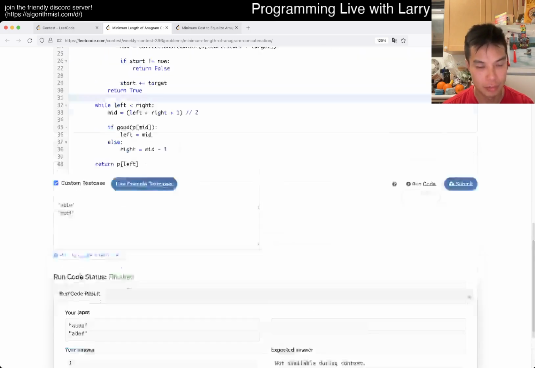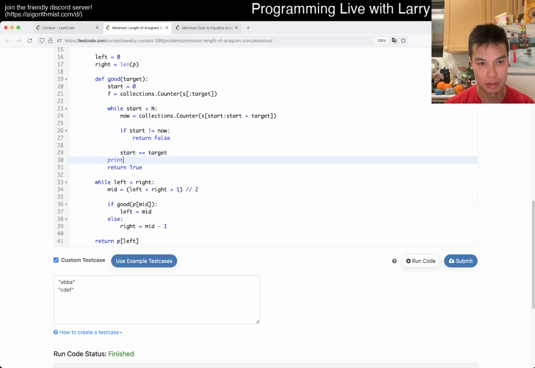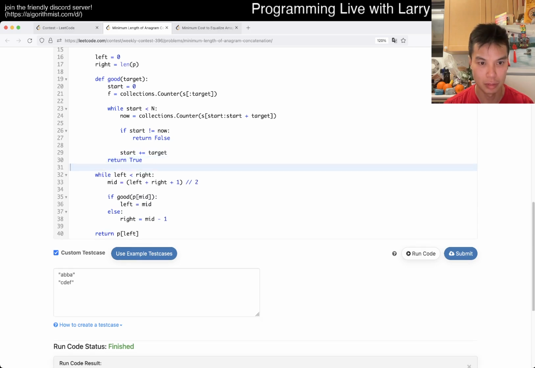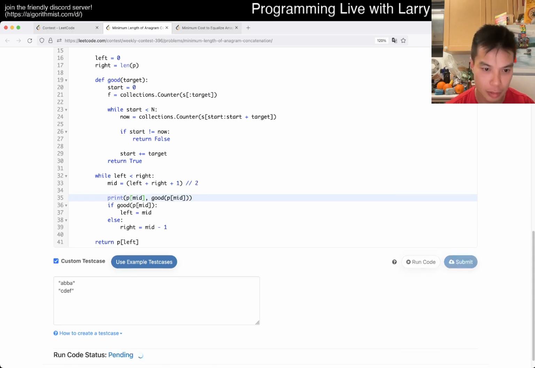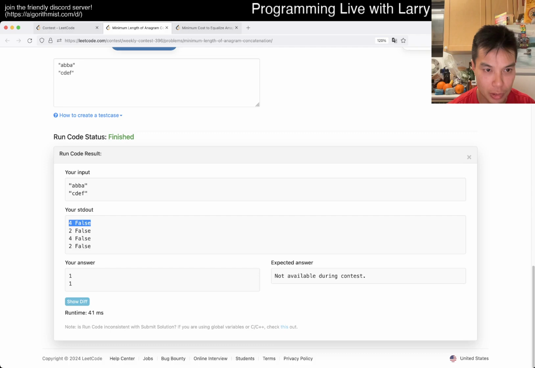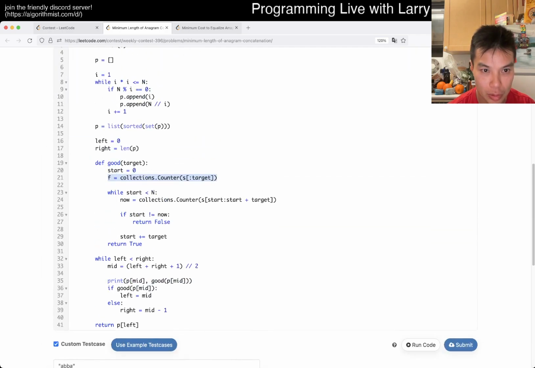That's not right, because if it's good, we want to make it bigger, right? Okay. Why am I wrong? 4 is false. 4 should be true. Oh, what the?